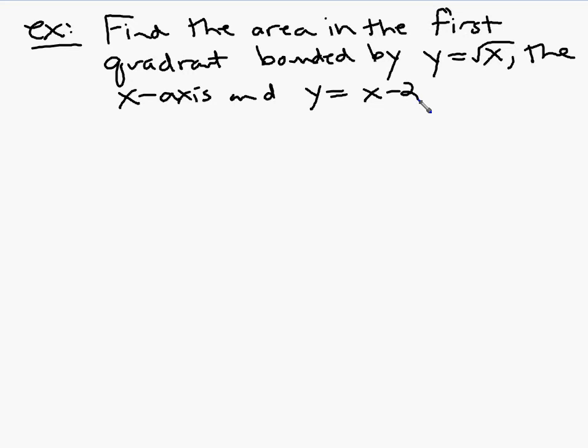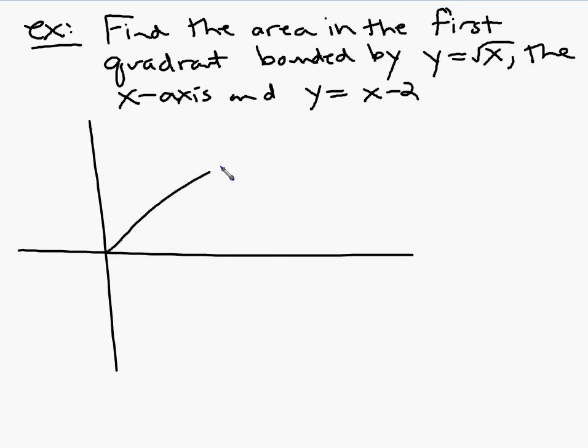This is one of those that has something interesting going on that we have to deal with, and we really can't see what that is until we look at the graph. So I have the graph of the square root of x. We remember what that looks like. We're also bounded by the x-axis and this little linear here, x minus 2. Well, what's the y-intercept of that linear?